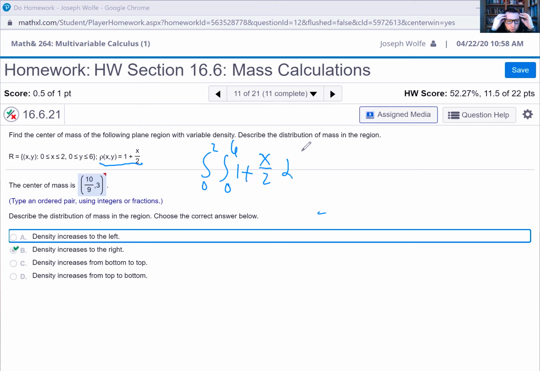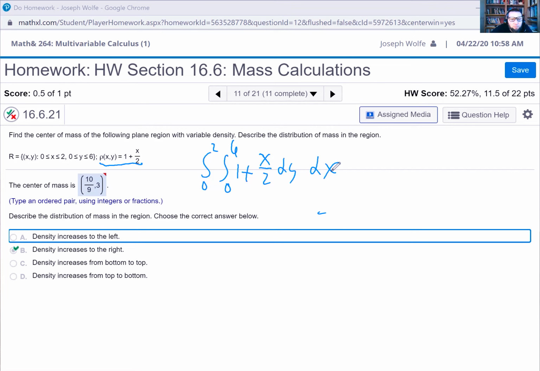You're definitely going to have to do what you're doing. I think you'd want a dy then dx. Okay, and then we do dy and then dx, and then we take that, and that just finds us the mass, right?